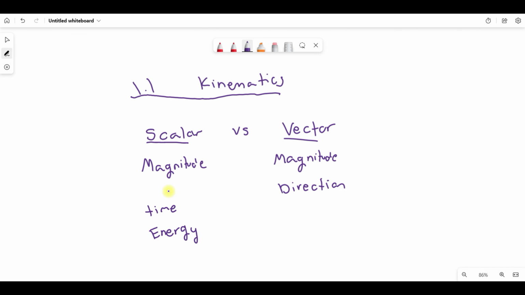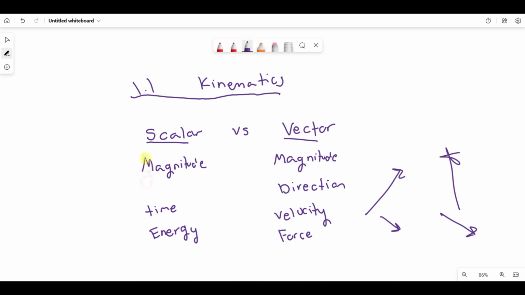So the point is, these values have no direction, whereas examples of vectors, such as velocity or a force, have both magnitude and direction. You can go 5 meters per second in that direction, you can go 2 meters per second over here, and you can have 5 newtons of force going that way, or 10 newtons of force going that way.